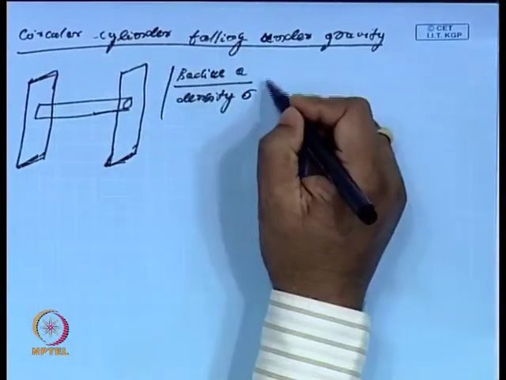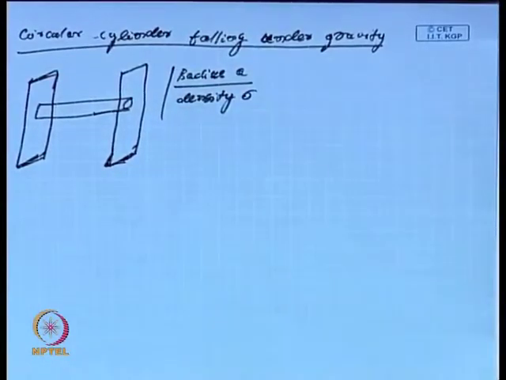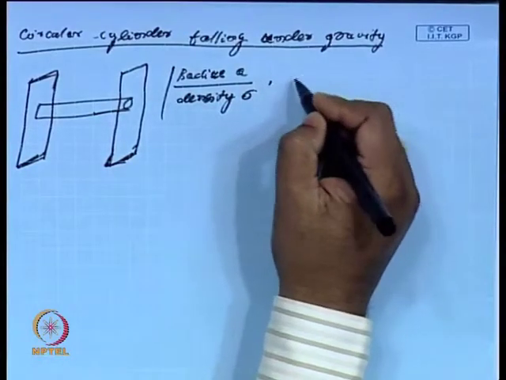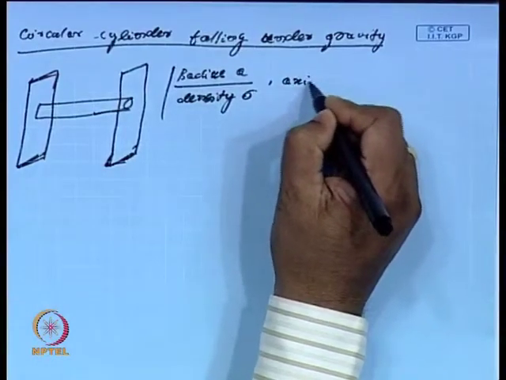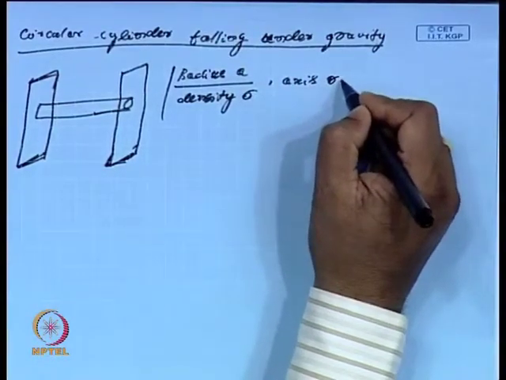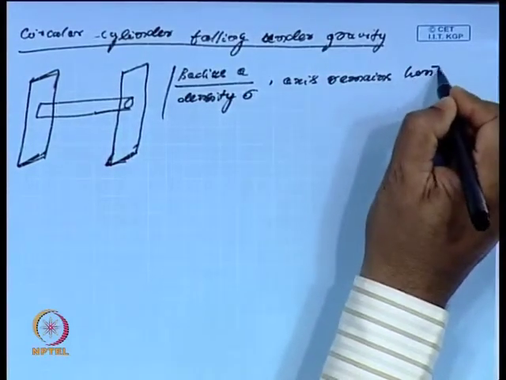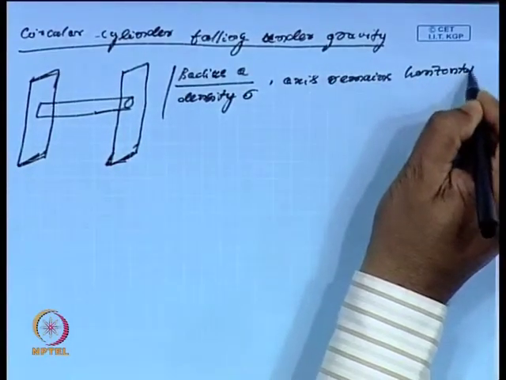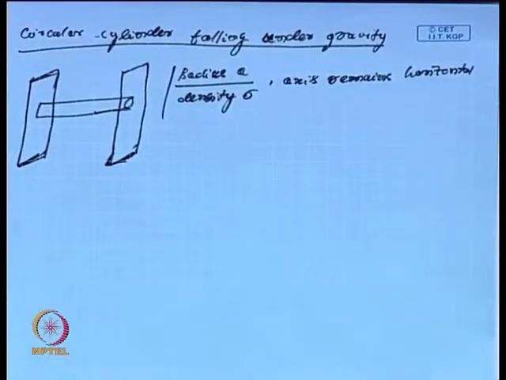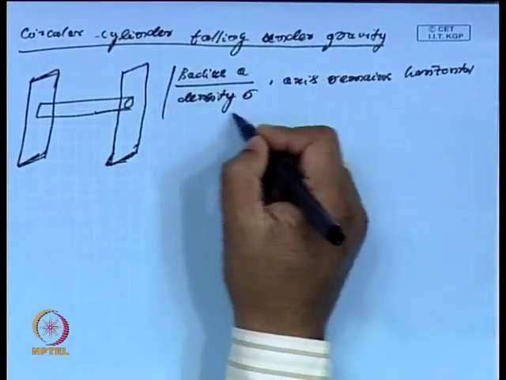The cylinder is falling, and its axis remains horizontal, and it is in a fluid of density rho.